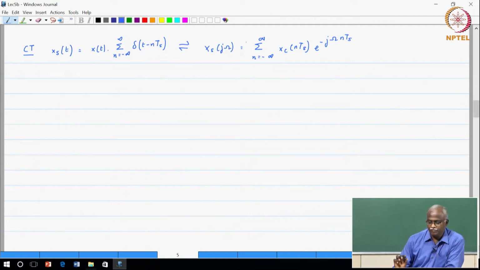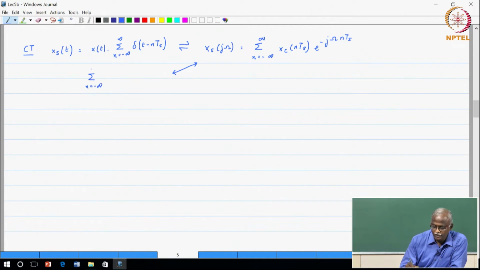We have looked at it from a different angle, where we convolved the Fourier transforms of x of t and the Dirac delta train. This is another perspective of it. Okay. So, basically this comes directly from the following observation, that this summation is nothing but summation n equal to minus infinity to infinity xc of nTs delta of t minus nTs, basically the sampling property of the Dirac delta.